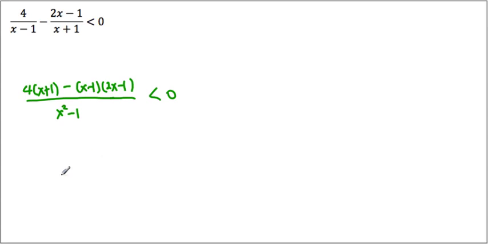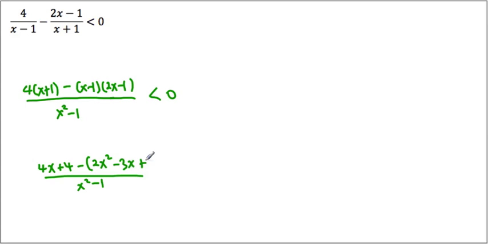Let's look at that one more time. Denominator is x squared minus 1. How about the numerator? We have 4x plus 4. And then here, minus, we end up getting 2x squared. And outside we get negative x and another negative 2x, so minus 3x.